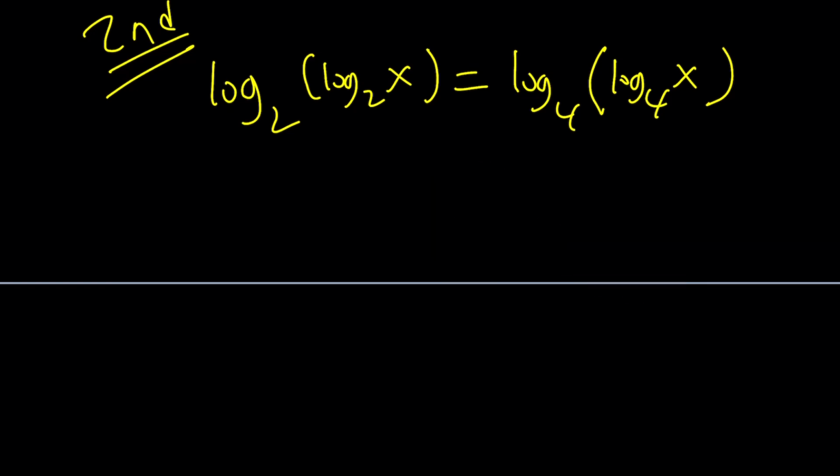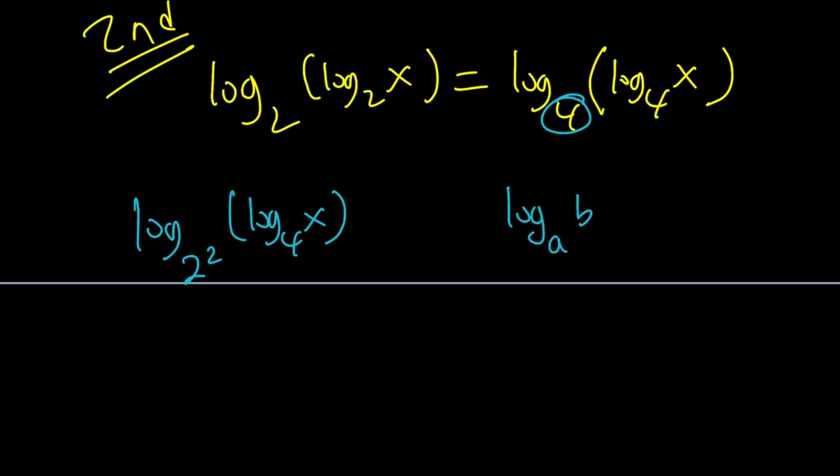Now, let's go ahead and focus on this method. So here's what I'm going to do. I'm going to write the 4 as 2 squared, right? Now, what happens when there is a power at the base? We probably know that if we have log of b to the n, this becomes n times log b with base a. But what happens if the base is raised to a power?